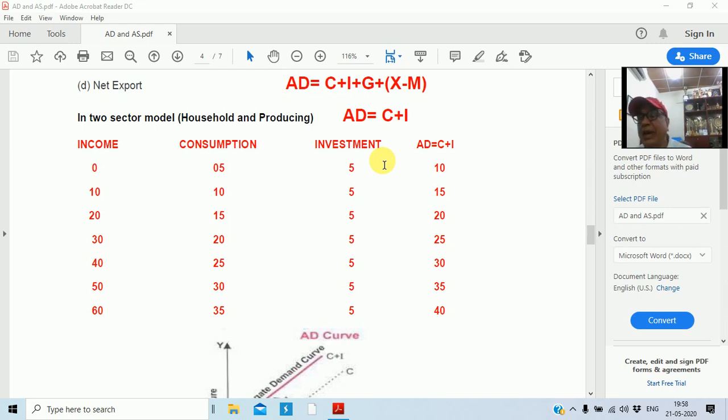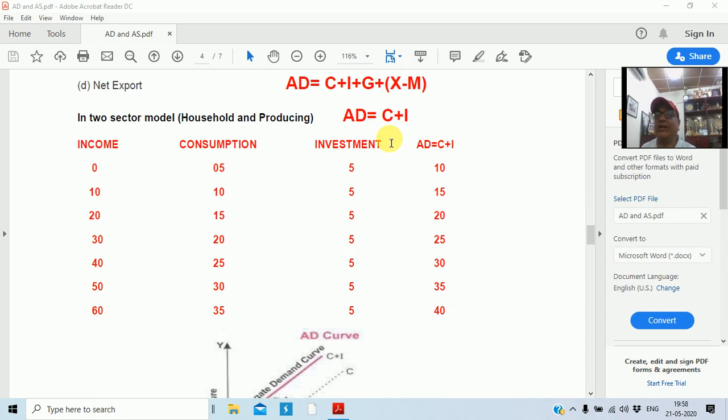Which investment is made? Autonomous investment. Because during recession, there is no profit and there is no income, so no induced investment will be there. There will be only investment made by the government. As this theory of income and employment was given during recession, here in I we have not taken induced investment. What we have taken is autonomous investment.